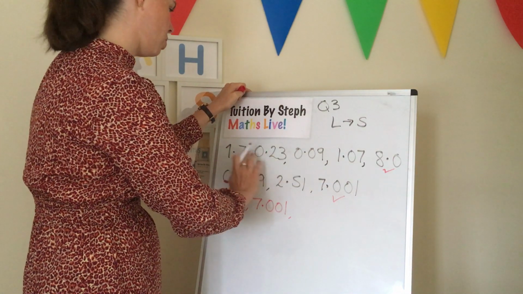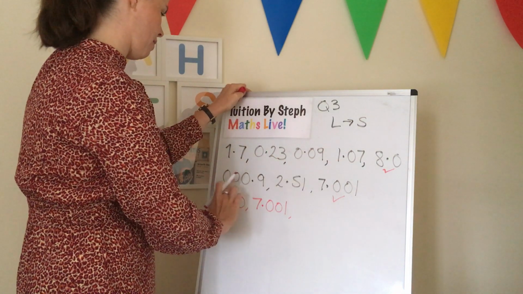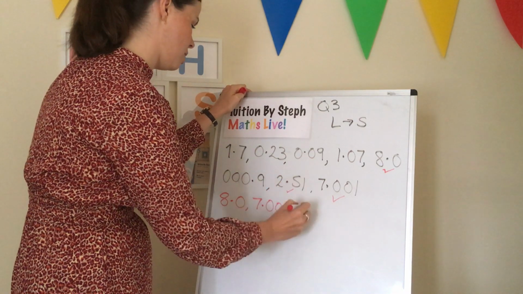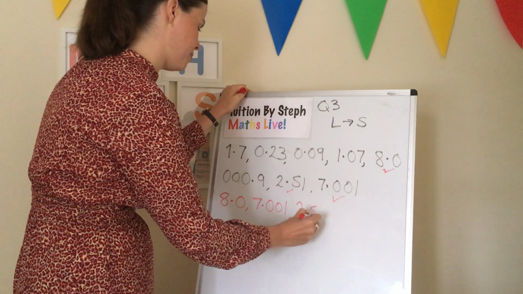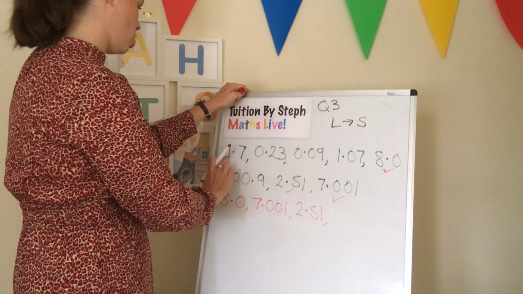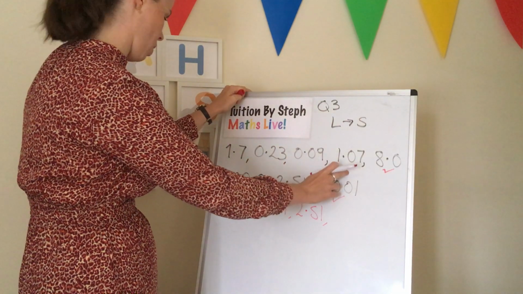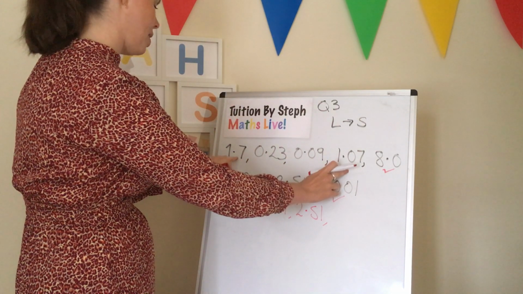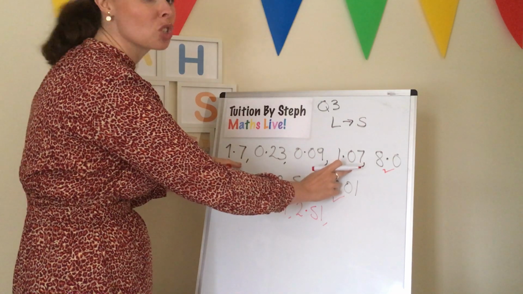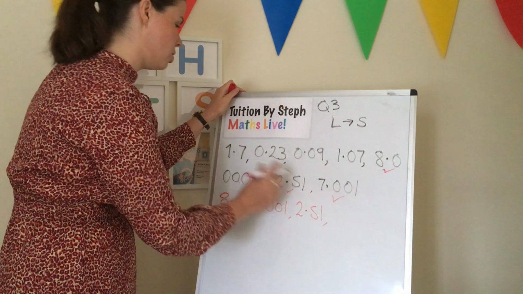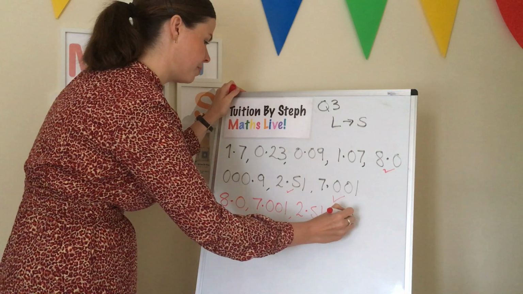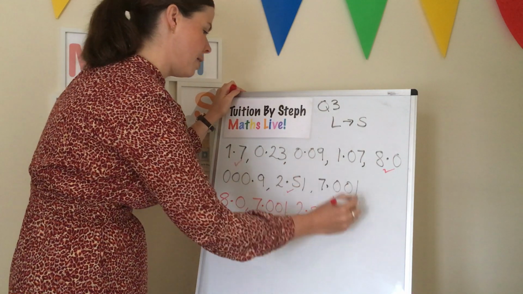Then 2.51. So it's these two now, 1.7 and 1.07. This one's got 7 tenths, but this one's got no tenths. So it's 1.7 next.